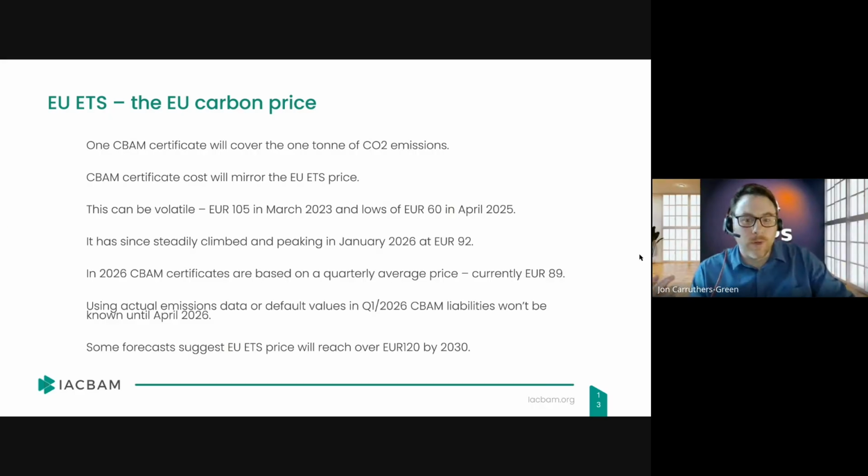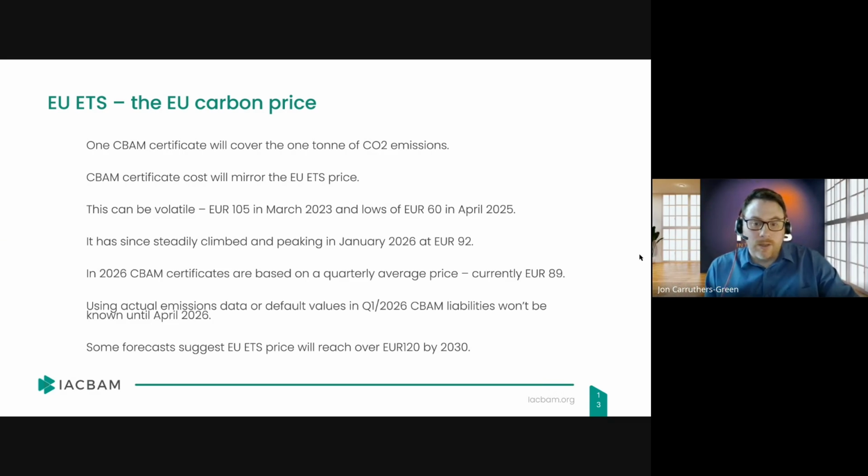So essentially, we don't know exactly where that's going to be. Like I say, I've been tracking this fairly closely over the past week or two, and the current average for this first month has come in at around about €89. And I'm pointing this out now because this is the figure I'll be referring to a little bit later on when we run through some examples.